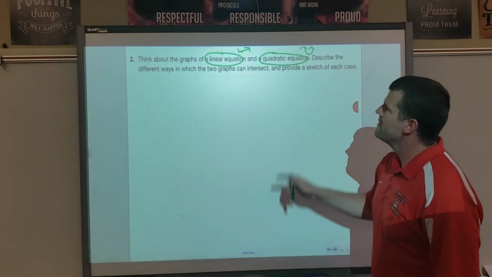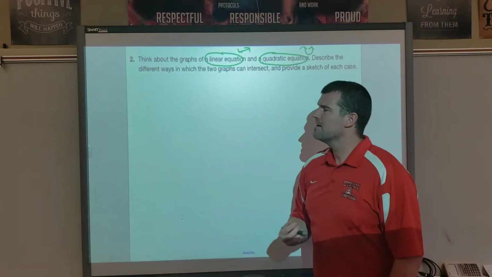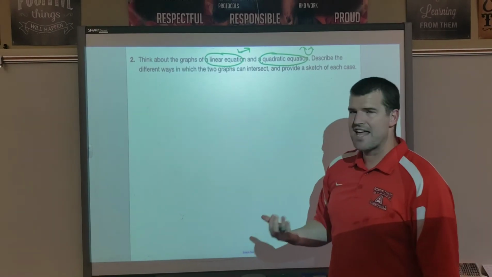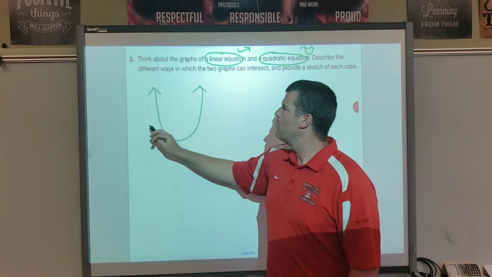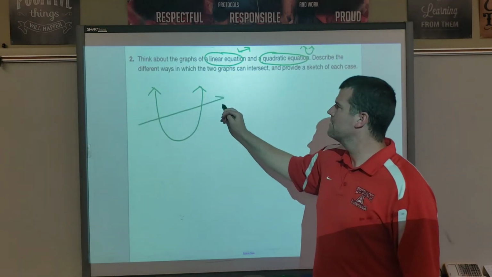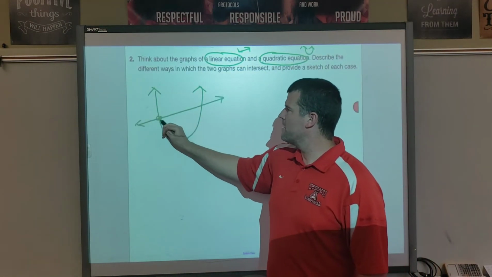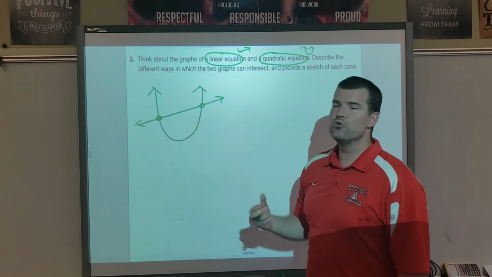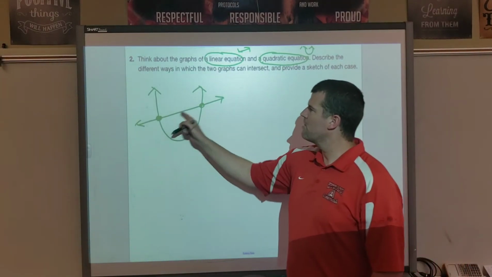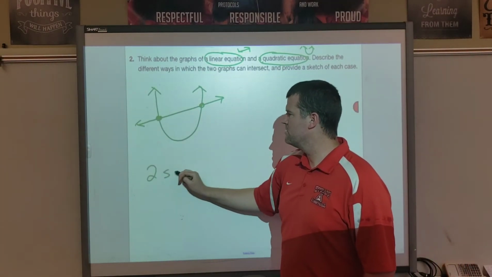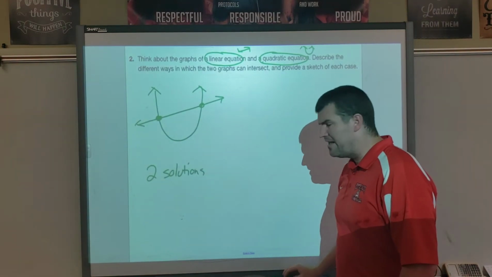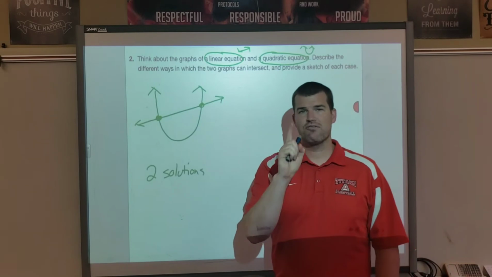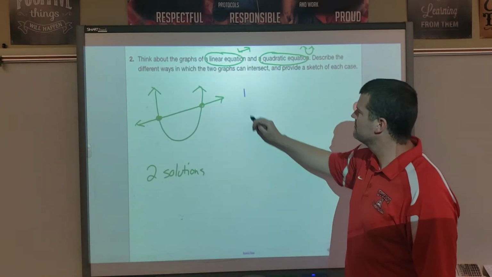Okay, so if we think about a quadratic and a linear, how many different ways can they intersect? If we have a parabola, one possibility, like our example we just did, is that they cross in two different places. So if they cross in two places, you get two solutions. Is it possible for them to only cross one time? Well, yeah.